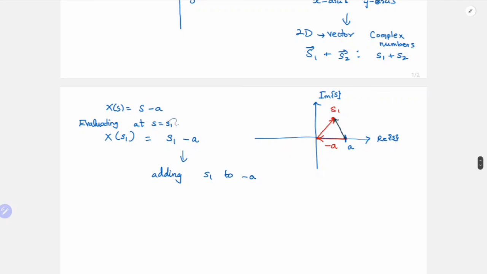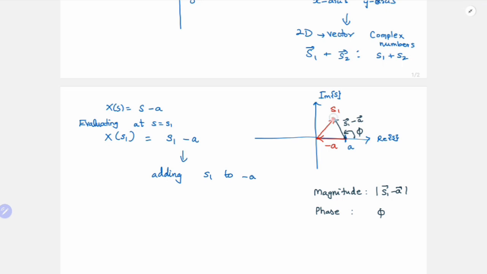If I evaluate this at s1, you can see I have a magnitude, which is s1 minus a. And what is the phase here? This is phi, so the phase is phi. I have a magnitude and phase.